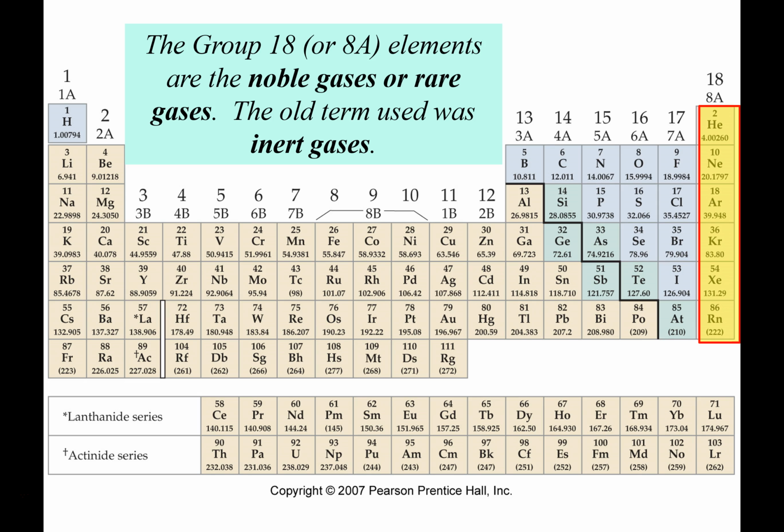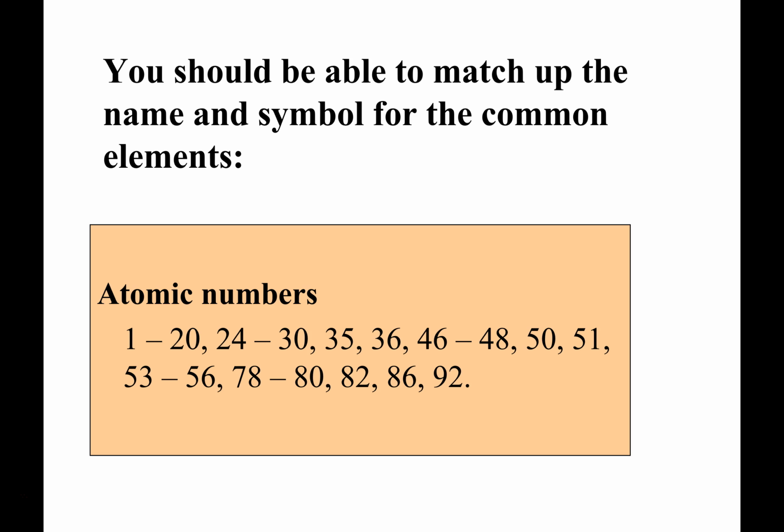And inert because, like an inert ingredient in your medicine, they don't do anything. They don't like to react with other things because they already have a complete octet. So remember that for your Unit 1 exam, actually for the whole course, I'm going to count on you being able to spot or connect up the name with the symbol for these elements.